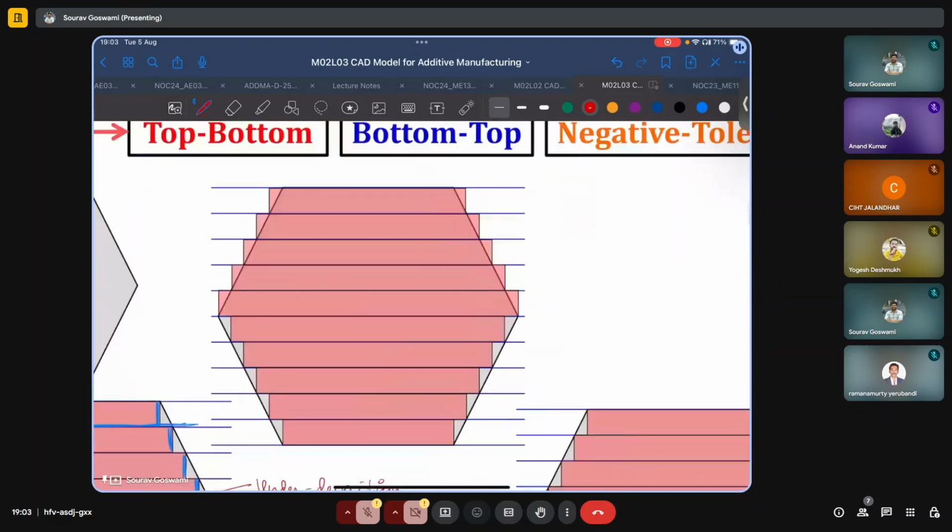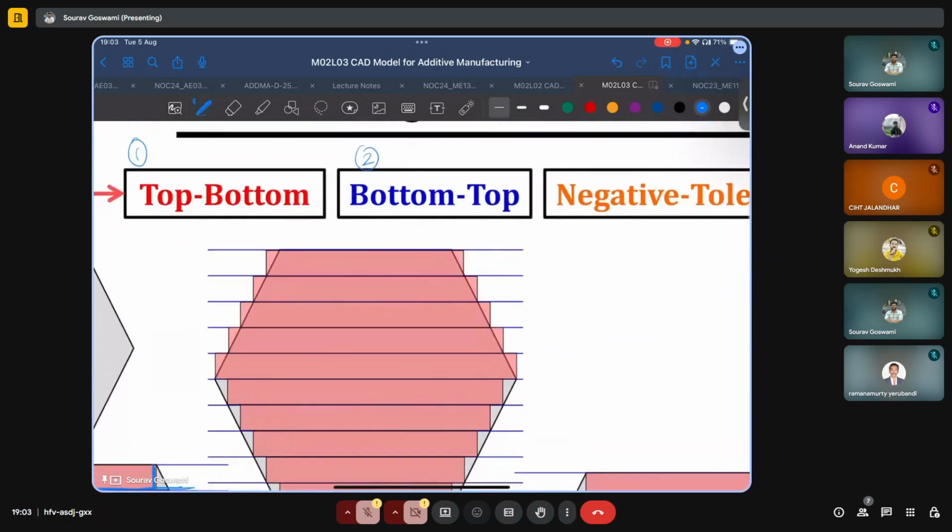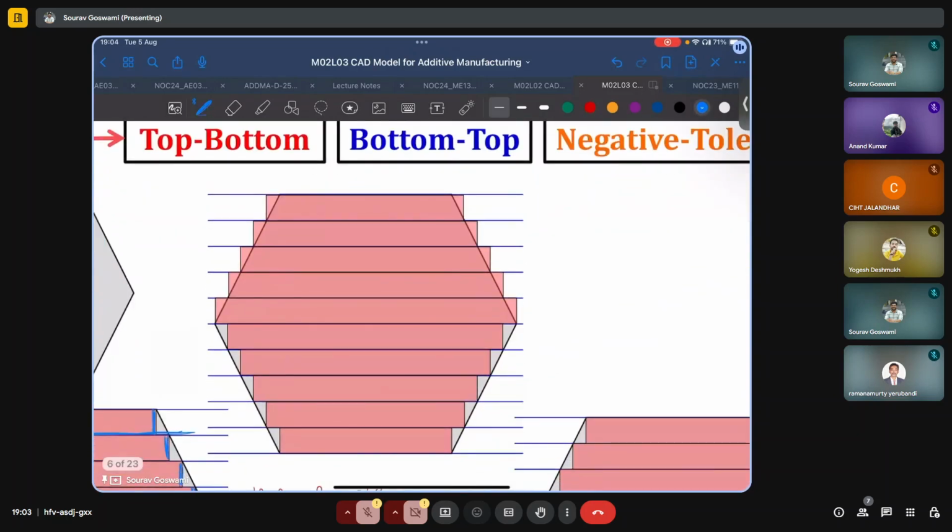The bottom to top approach is just the converse of this, or the reverse of this. Again, we have sliced our object using these horizontal layers, and now starting from the bottom we are simply projecting the contours up. So for the first contour, this is the projection, the second contour, and so on.